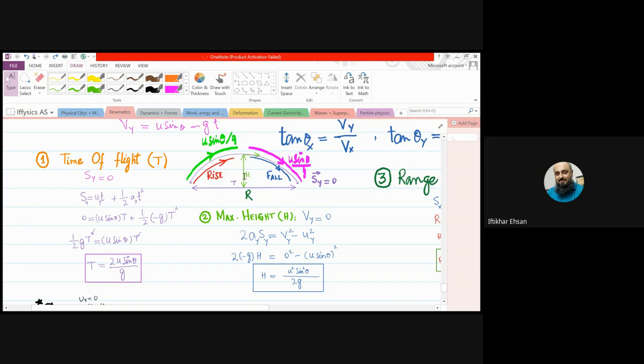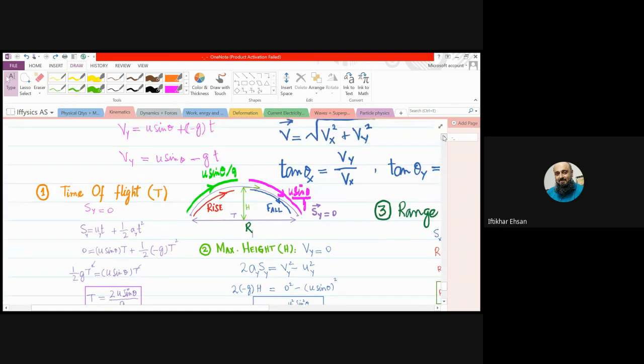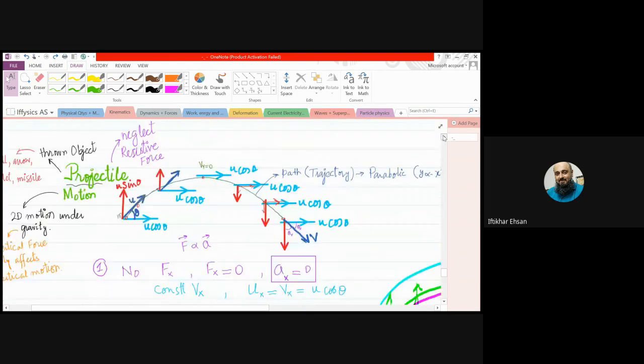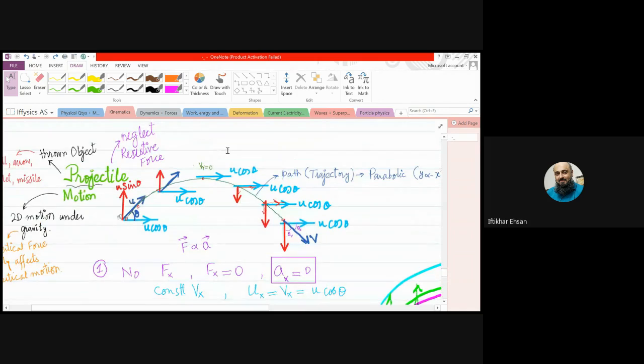Maximum height is a vertical distance. One thing we know, at the highest point, the vertical velocity is zero. We discussed it many times.